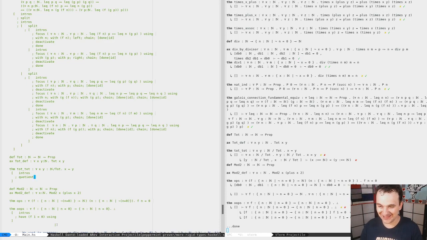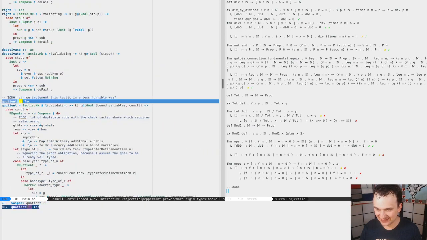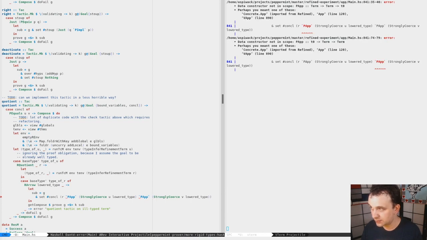That is quite correct. Let's go back to quotient. By the way, I don't need to omit properties for strongly coerced. I know by construction that this strongly coerced is well typed, but it's a bit subtle. So I don't want to do p equals here. I want to do r p app strongly coerce p app strongly coerce. It's just app.